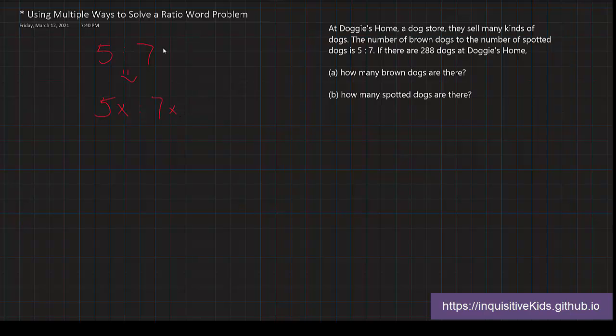Remember, 5/7 is basically a specific time when x in this ratio equals 1, because 1 times 5 and 1 times 7 is 5 and 7, so that's 5/7.